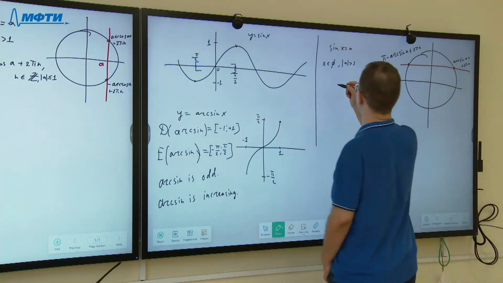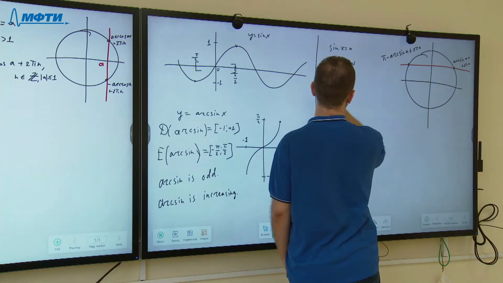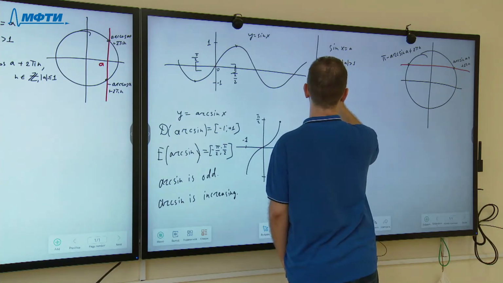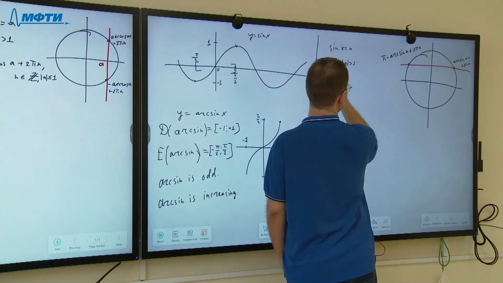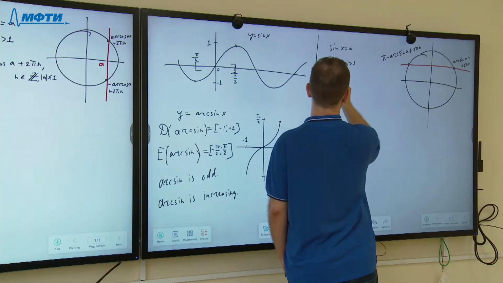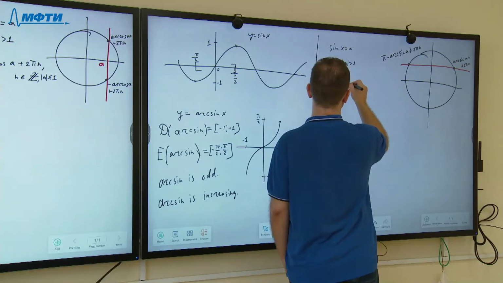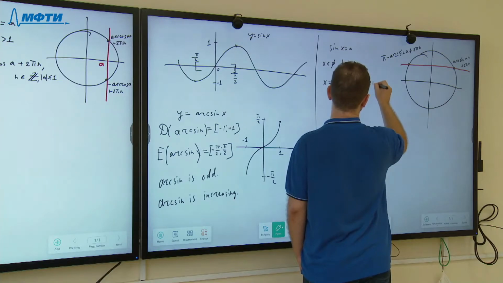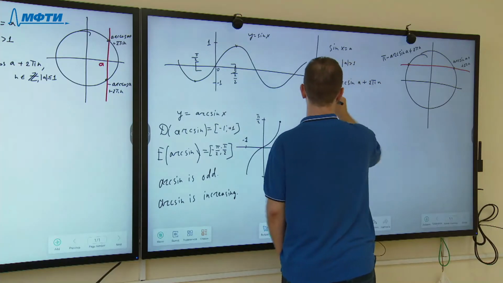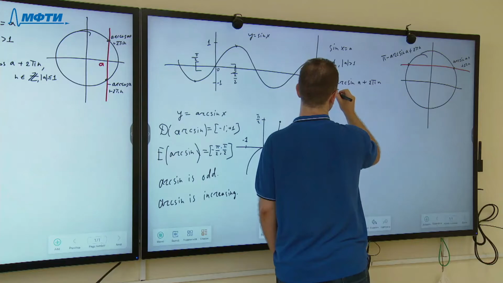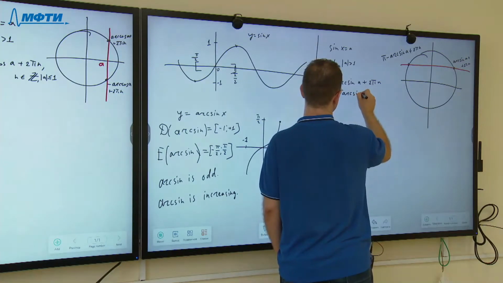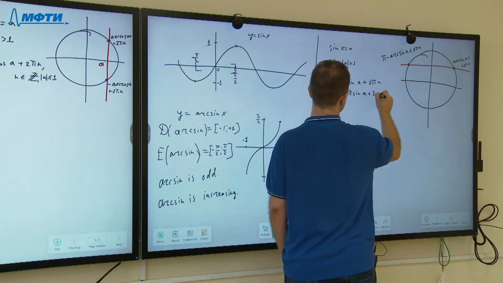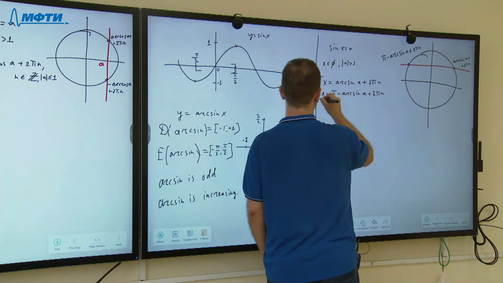So the solutions of this equation: we have 2 solutions. I will write them like that: x equals arc sine a plus 2 pi n, x equals pi minus arc sine a plus 2 pi n.